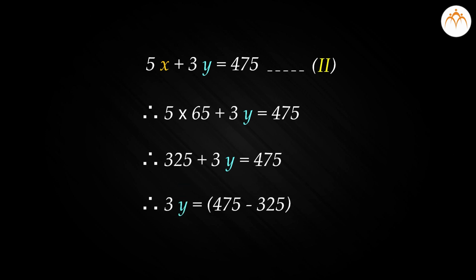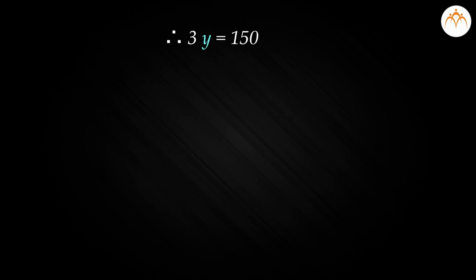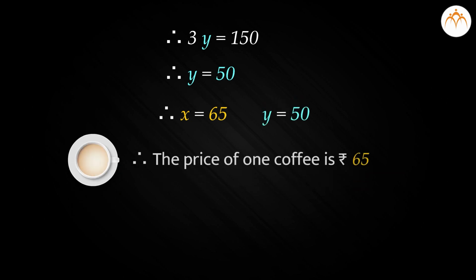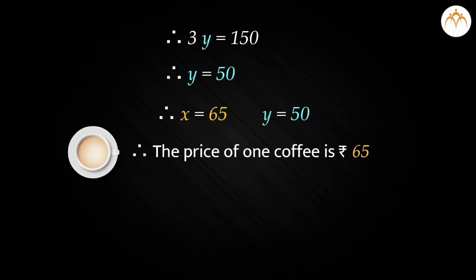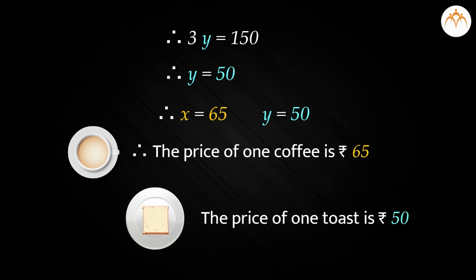Therefore, 3y is equal to 475 minus 325. Therefore, 3y is equal to 150. Therefore, y is equal to 50. Therefore, x is equal to 65 and y is equal to 50. Therefore, the price of one coffee is 65 rupees and the price of one toast is 50 rupees.